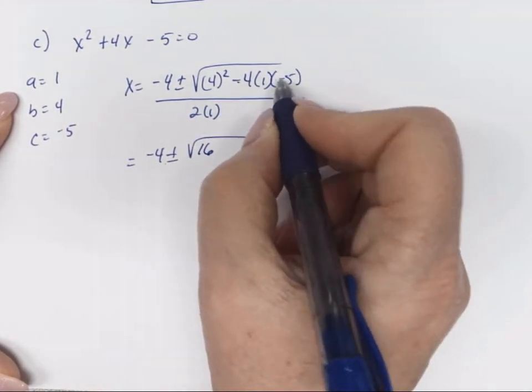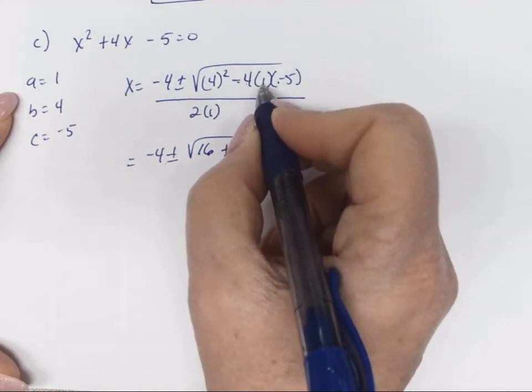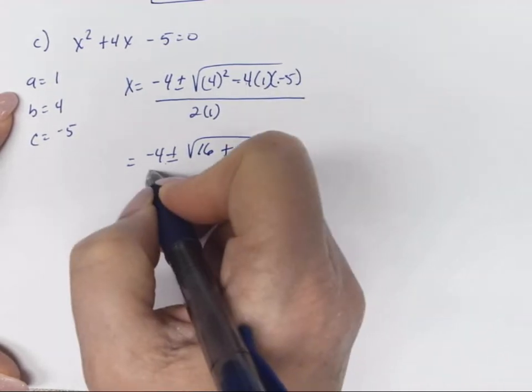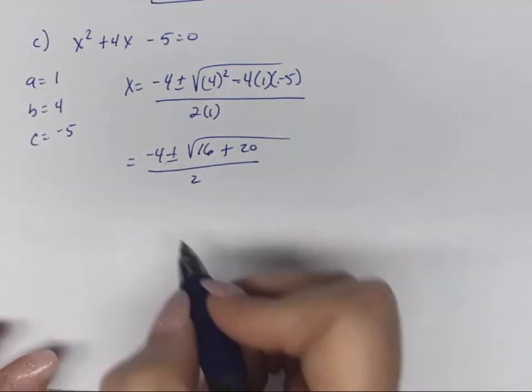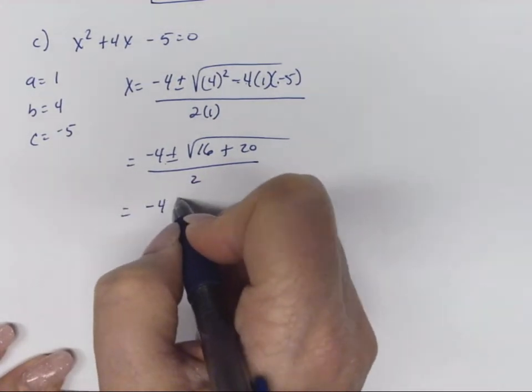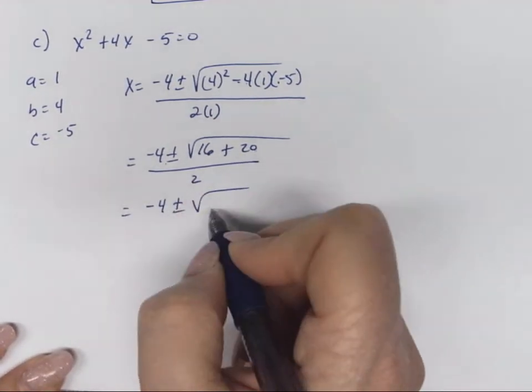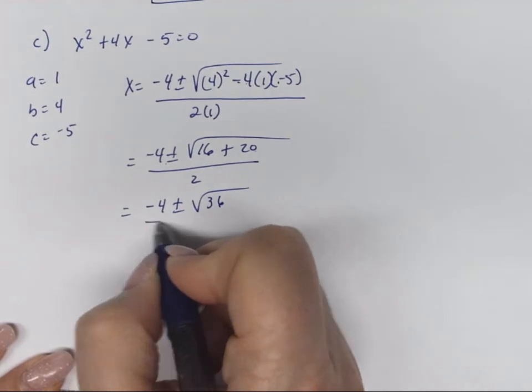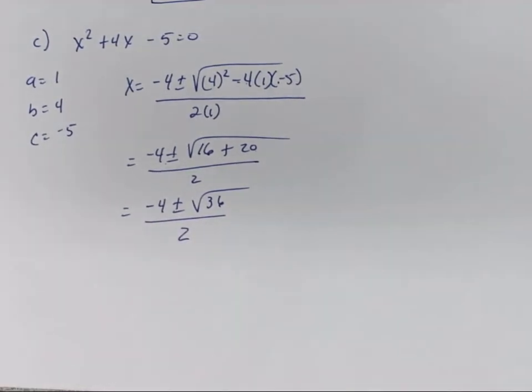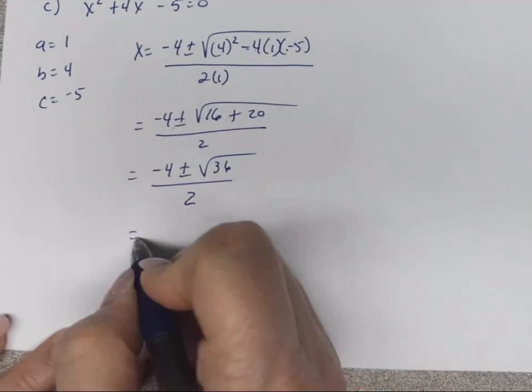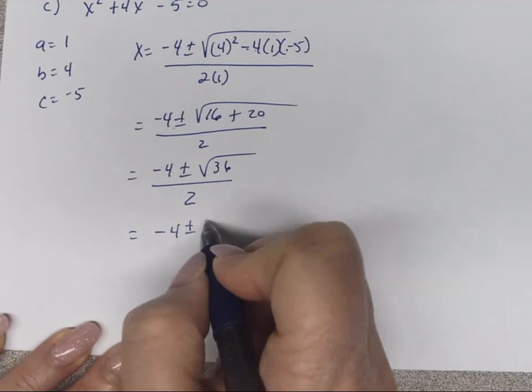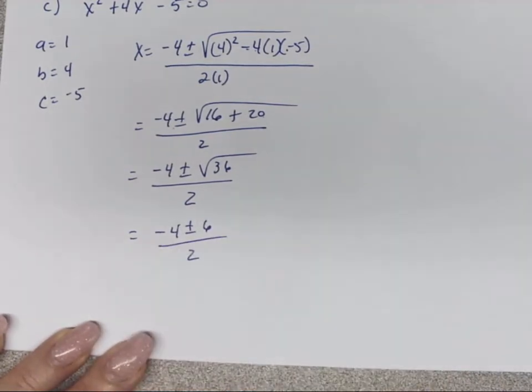Negative times a negative will make this positive. 4 times 1 times 5 will be 20, all over 2. Negative 4 plus or minus the square root of 16 plus 20 would get us 36, all over 2. The square root of 36 is 6, so negative 4 plus or minus 6 all over 2.